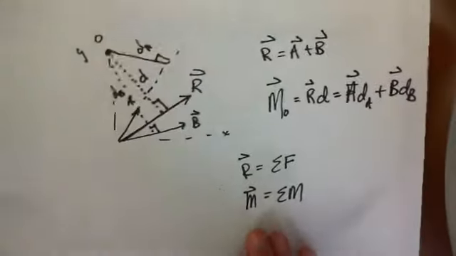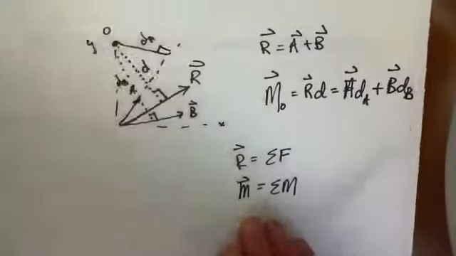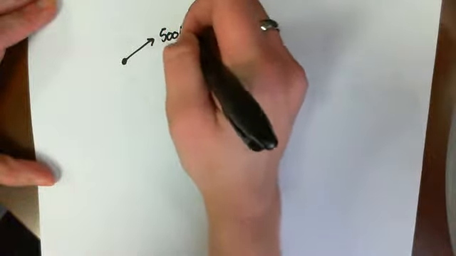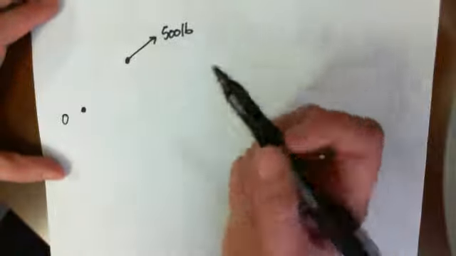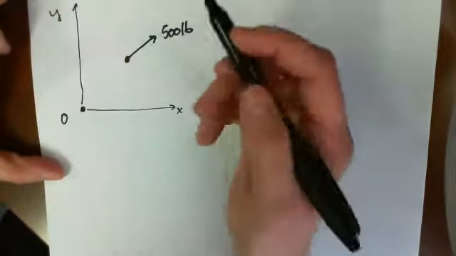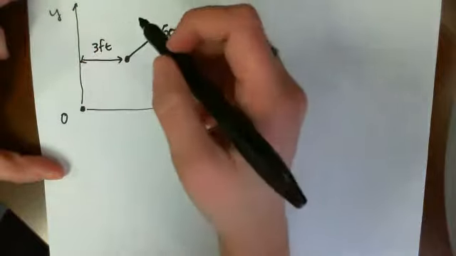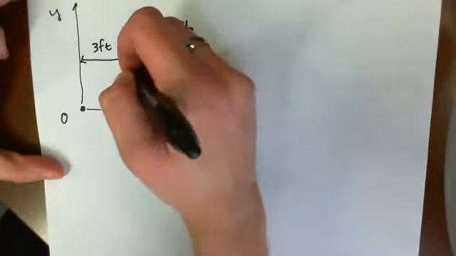So let's take a look at an example. If I have a force of 500 pounds being applied, it's 3 feet in this direction and 5 feet in this direction from point 0.